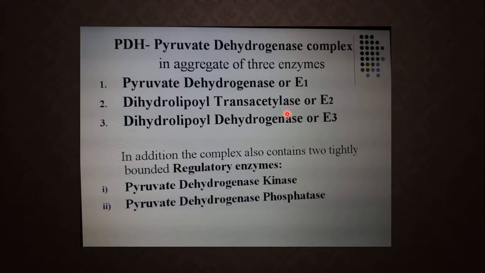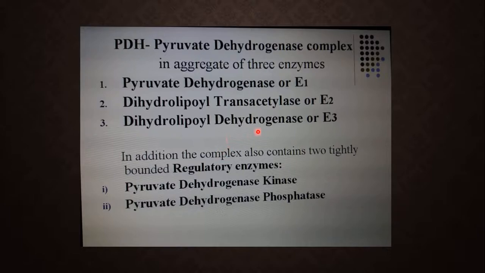Number two, dihydrolipoyl transacetylase, or E2. And the third one is dihydrolipoyl dehydrogenase, or E3. So the author has categorized them as E1, E2 and E3, but you must remember: E1 is pyruvate dehydrogenase, E2 is dihydrolipoyl transacetylase, and the third is dihydrolipoyl dehydrogenase.